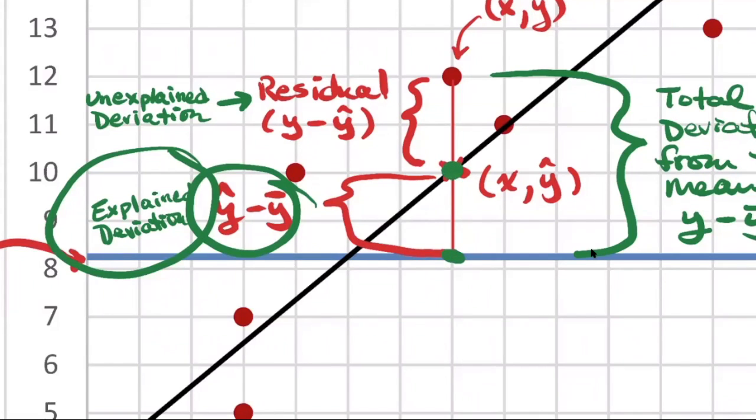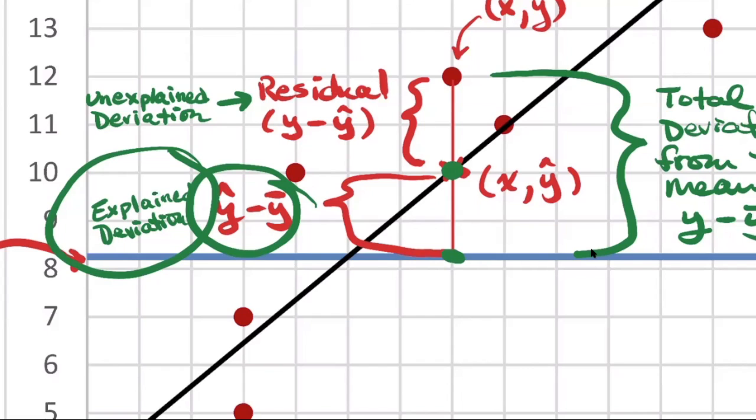We're saying, yes, I can use the number of weapons in a city to explain a certain rise in the murder rate for that city. It's not cause and effect. But the explained deviation is when you use x to predict y.